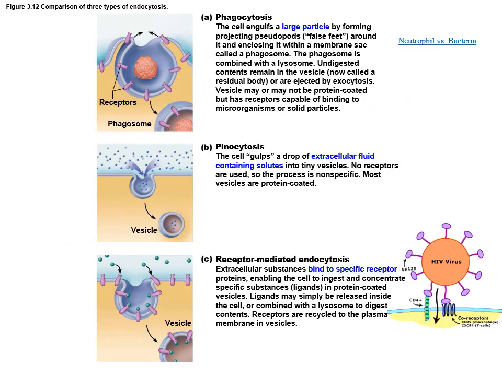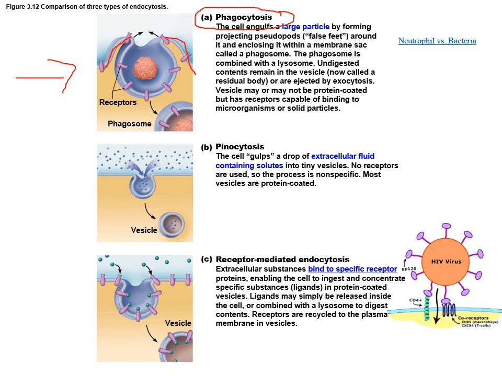The first one is what we call phagocytosis. Phagocytosis is the movement of large entities into the cell. Oftentimes, it will be referred to as bulk eating. If you take a look at the illustration on top, you're going to notice that this is the cell membrane.